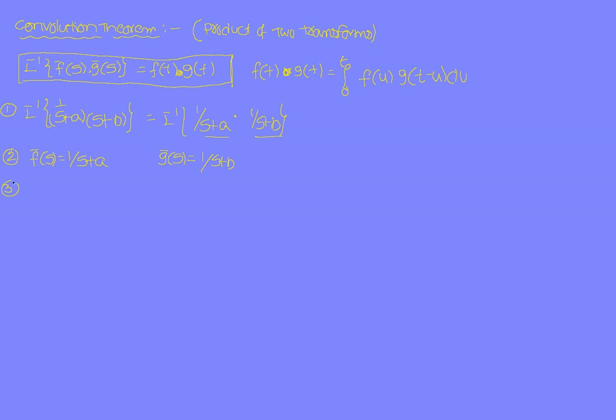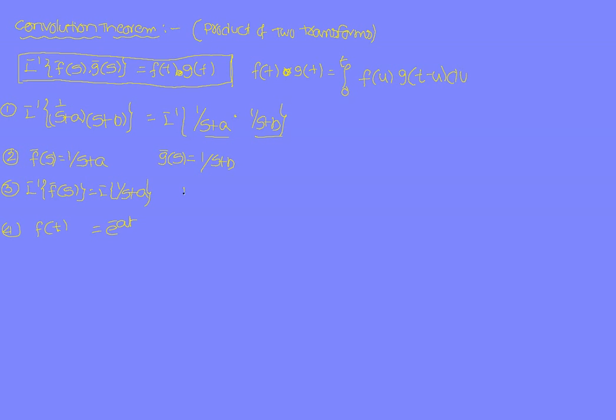Next, you have to apply the L inverse on both sides. L inverse of f bar of s is equal to L inverse of 1 by s plus a. L inverse of 1 by s plus a is nothing but e power minus a t, and L inverse of f bar of s is nothing but f of t.